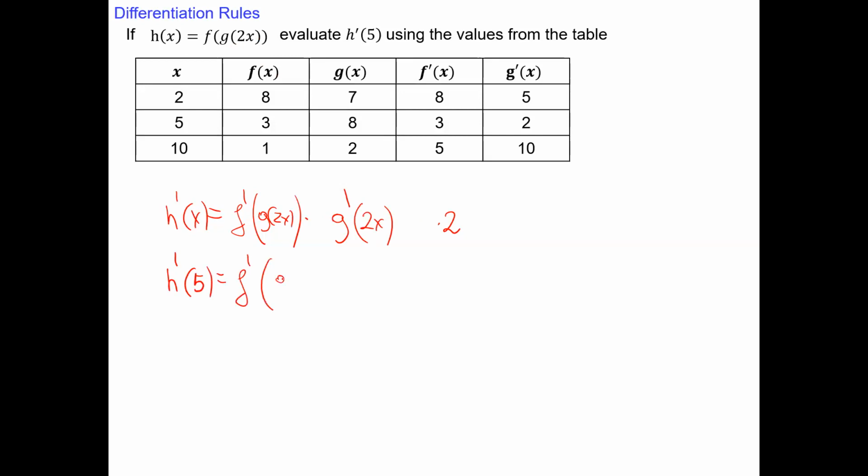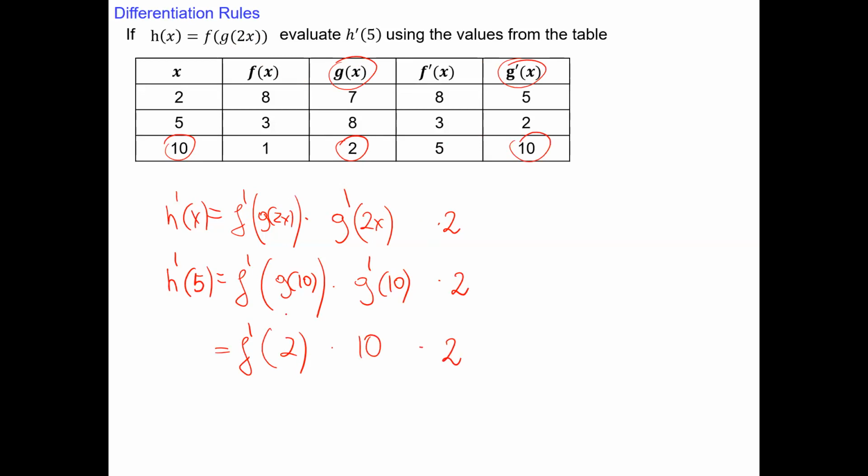f prime of g at 10, 2 times 5, g prime at 10, and times 2. g at 10 is 2. g prime at 10, oh, it's actually 10. And now f prime at 2 is 8.